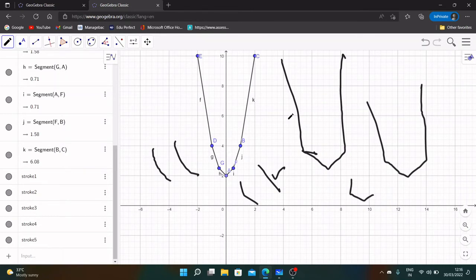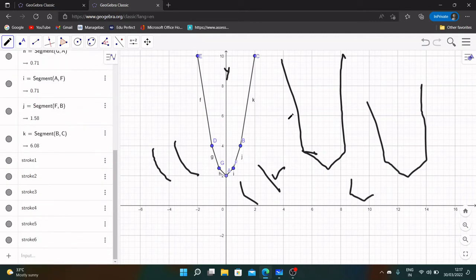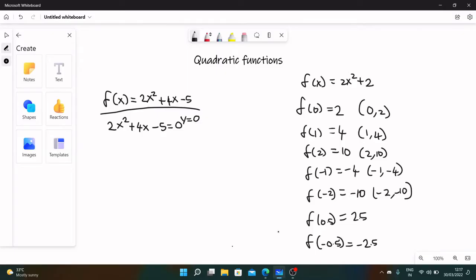The increase is not linear. It doesn't increase by 2 or 3 every time. But on both sides of the line of symmetry, which is the y-axis in this case, both of them grow in a similar pattern and not in a linear fashion, which allows for a parabola to form. A parabola doesn't always open upwards.